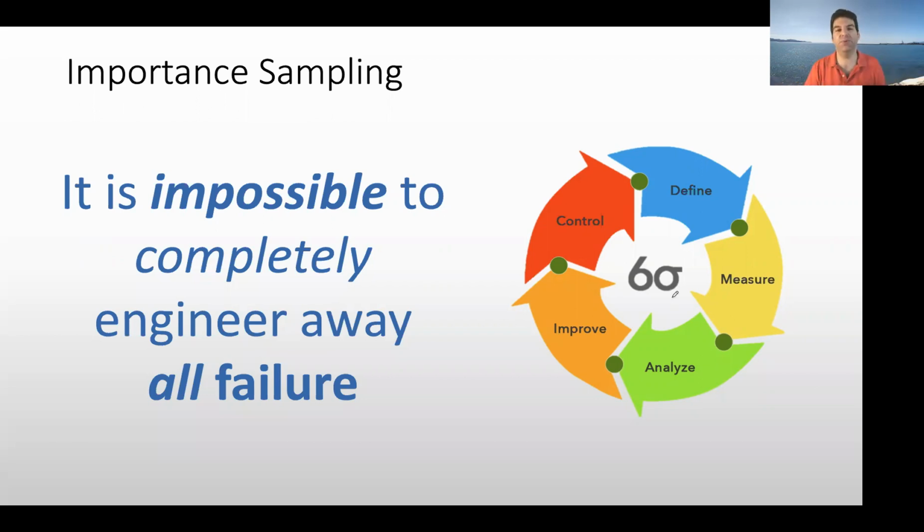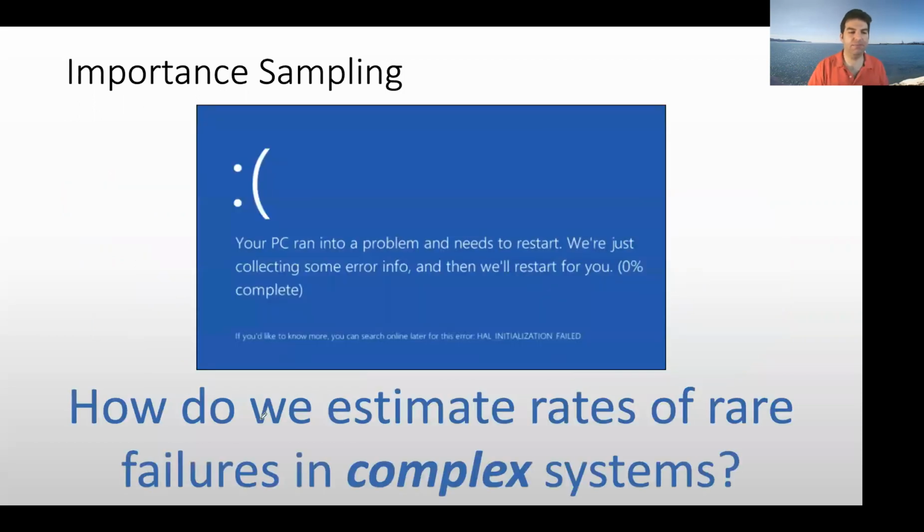So it is really important to be able to estimate exactly how rare these rare events are. But the problem is, it's hard to estimate rare events, because they're rare. That's the whole point. In terms of simulation, say we've got a high fidelity simulation of a nuclear power plant.